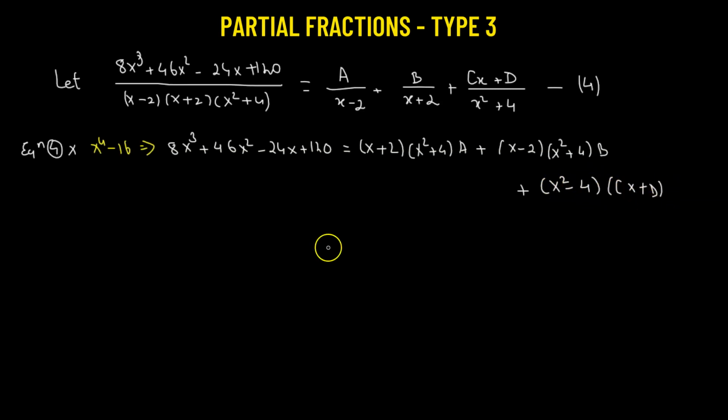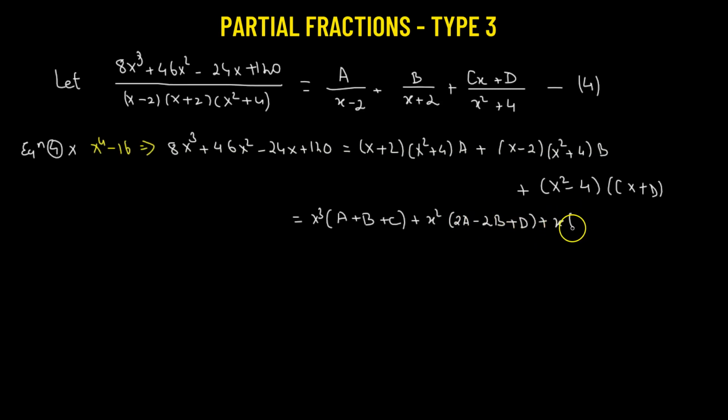Now we'll expand and combine all the like terms on the right hand side. The highest power of x will be x cubed, so its coefficient is going to be a plus b plus c, followed by x squared, whose coefficient is going to be 2a minus 2b plus d.